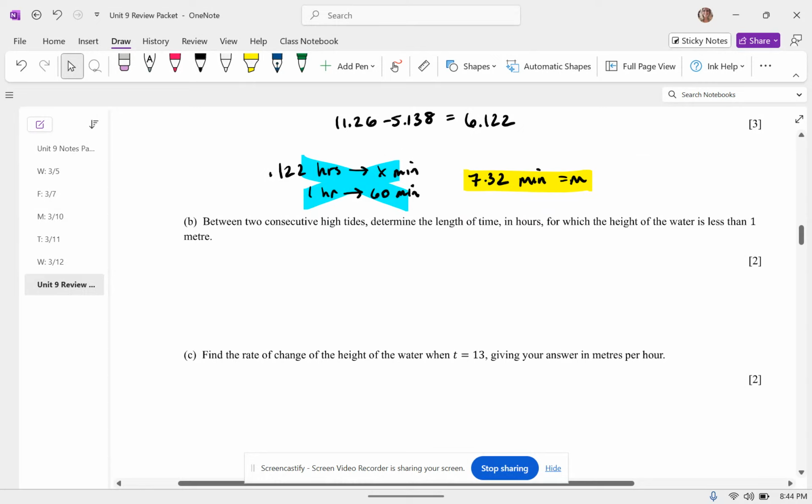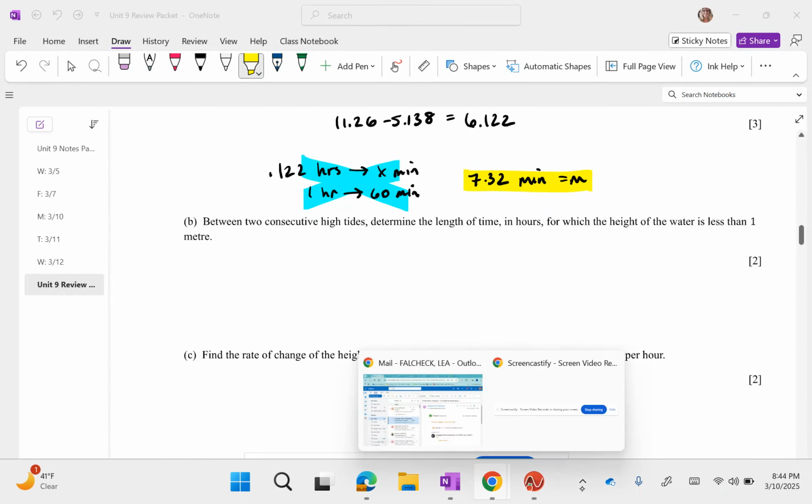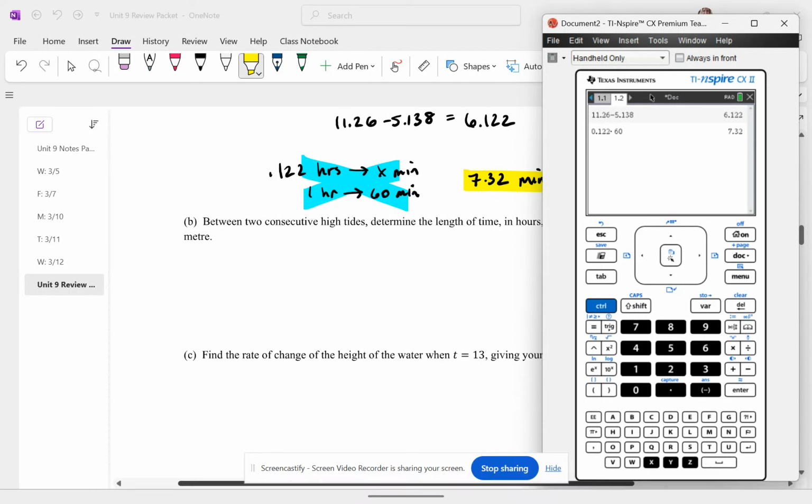Between two consecutive high tides, determine the length of time in hours for which the height of the water is less than 1 meter. Okay, so I've got to go to the graph and figure out where the two maxes are happening, right? Because it's two consecutive high tides. So let's get there. All right, I can see one high tide over here, but then the other high tide is a little to the left of 0.